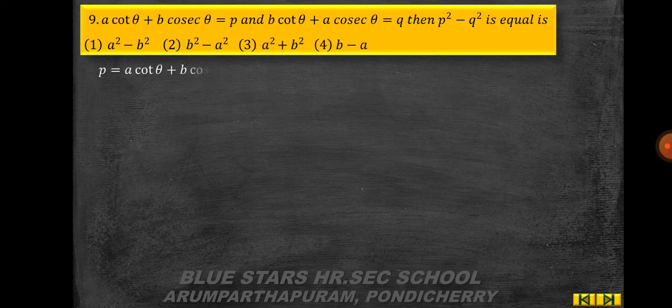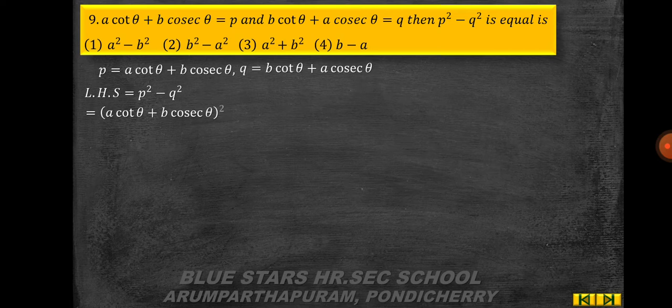So P is equal to A cot theta plus B cosecant theta and Q is equal to B cot theta plus A cosecant theta. We have to take the left hand side, P square minus Q square, which is equal to A into cot theta plus B into cosecant theta the whole square minus B into cot theta plus A into cosecant theta the whole square.